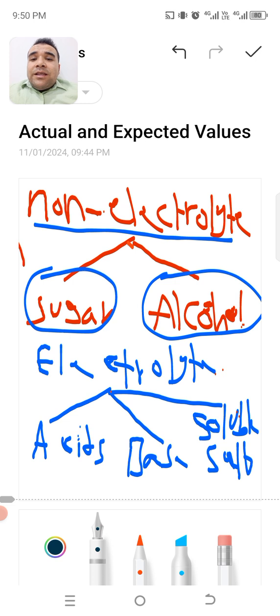But unlike the expected values, guys, the actual values are those values of colligative properties which we obtain from experimental data.